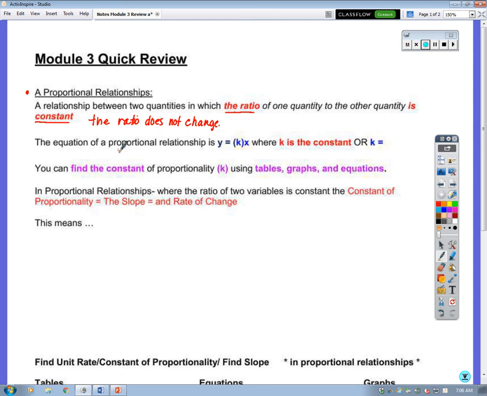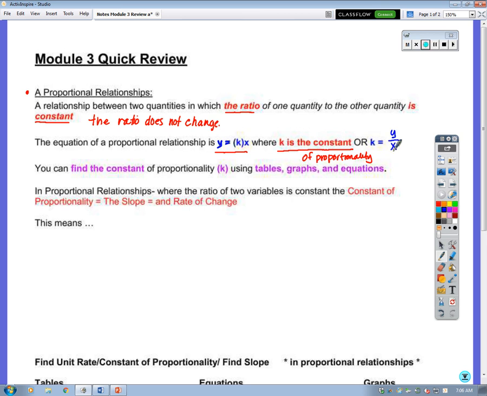The equation of a proportional relationship is y equals k times x, where k is the constant of proportionality, and we can write that as y equals k times x, or k equals y over x.